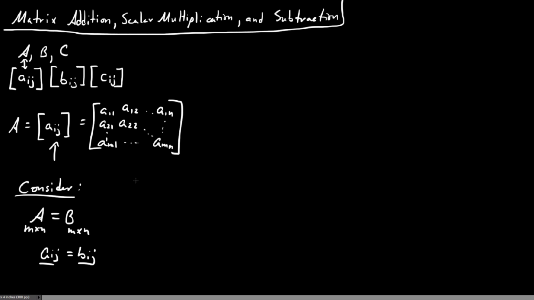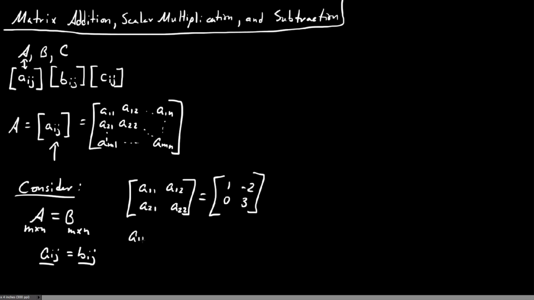So for example, let's say matrix A is a 2 by 2, a11, a12, a21, a22, and we say, hey, guys, this is equal to 1, 0, negative 2, 3. Then some conclusions could be drawn from this. We could say, well, then it is the case that a11 must be the same thing as 1. Or a22 has to be the same thing as that 3 that's in the other matrix at the same spot. So easy to solve for.